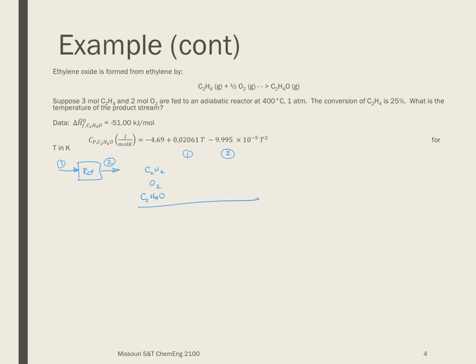If I look at this all in terms of moles, then I have 3 moles of C2H4, 2 moles of O2, and 0 moles of C2H4O that are fed. So a total of 5 moles. I also find that it's very helpful when I'm going to be doing combined mass and energy balances to go ahead and list the temperature and the pressure.